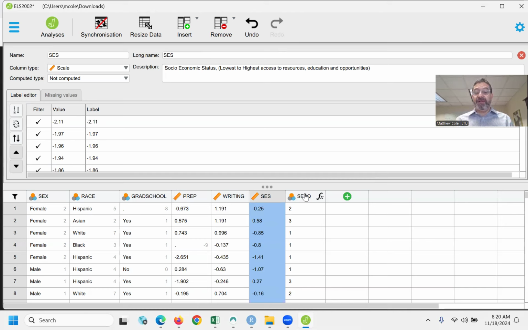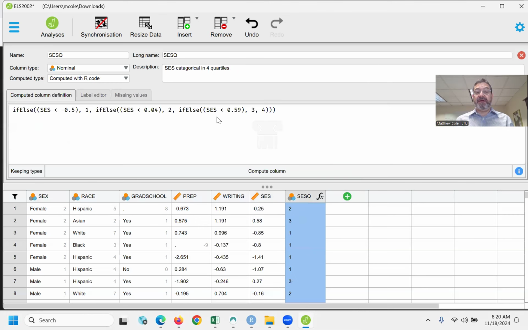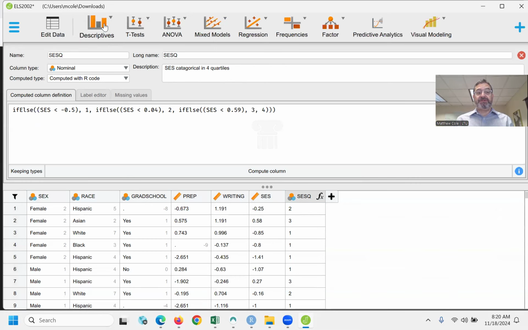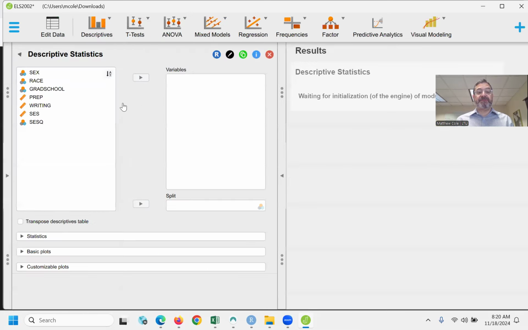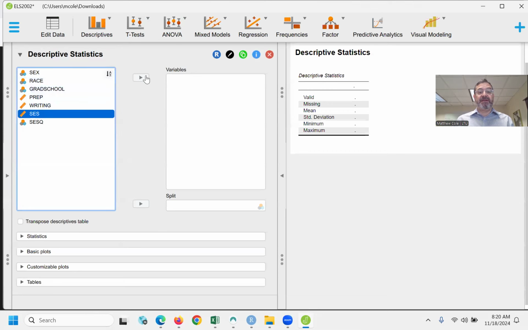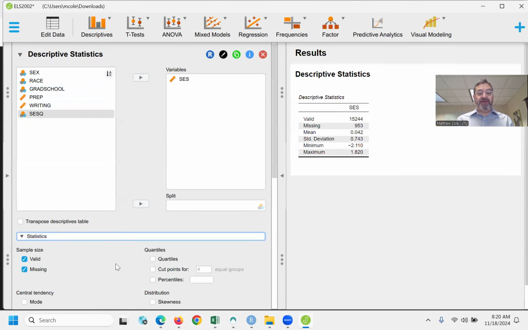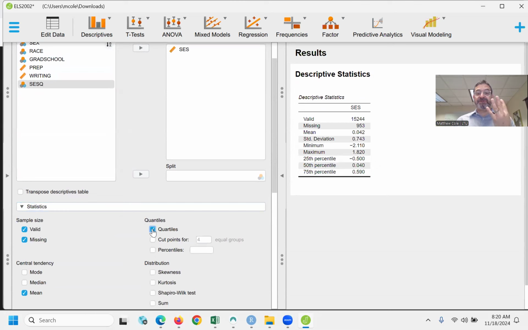I've already created the categorical SES in 4 quartiles using the formula, because I took SES and said, give me quartiles. Quartiles is 4 equal groups, right? Quartiles or cut points for 4 groups is the same thing.